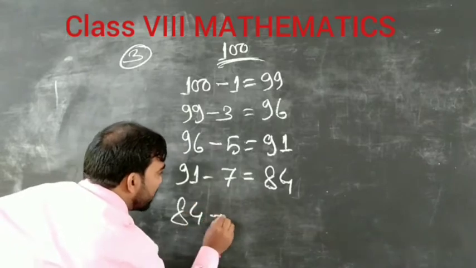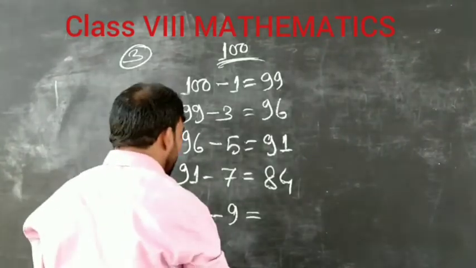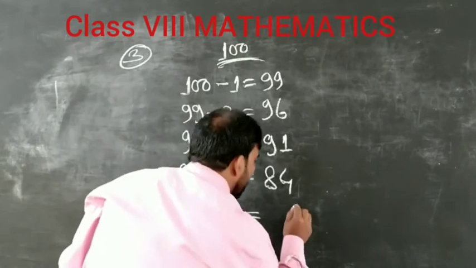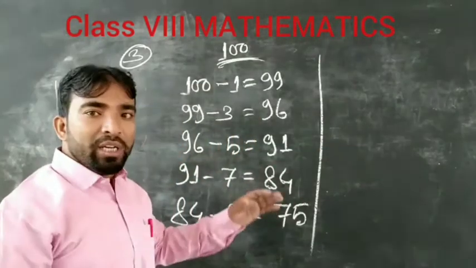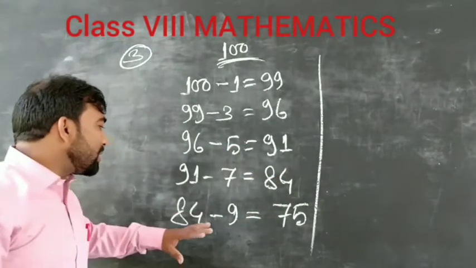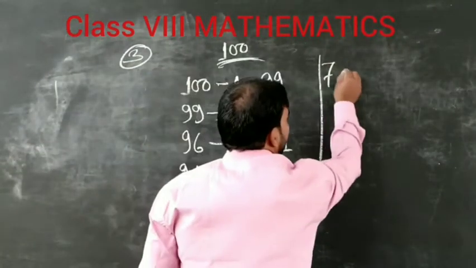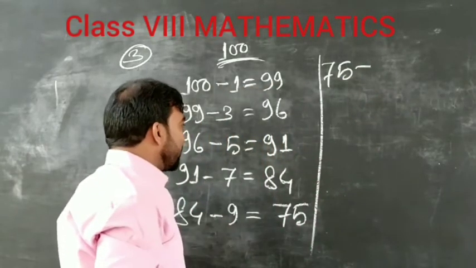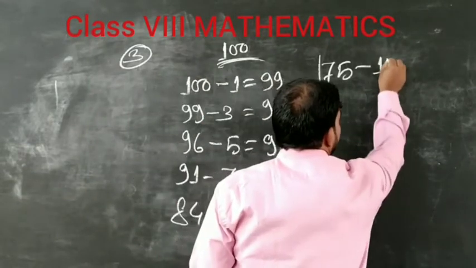Then 84 minus 9, we are getting 75. I said that we will do the subtraction till the result is 0. Then 75 minus, up to 9 we have subtracted, so the next number will be 11.